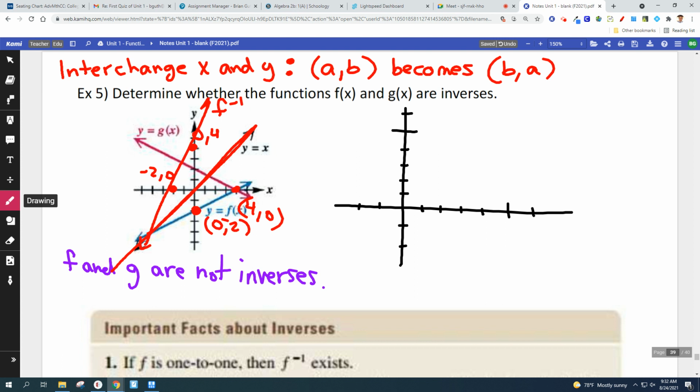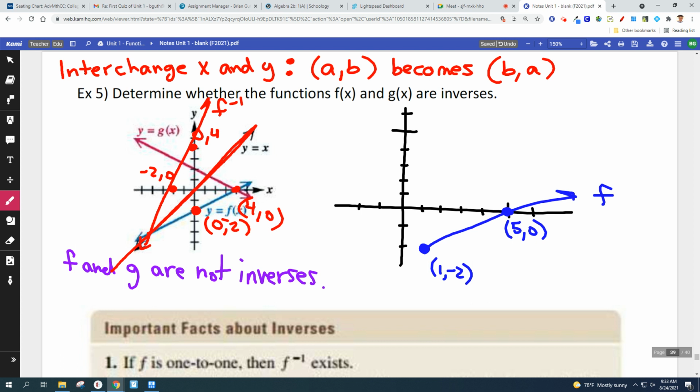The point (1, -2) is right here, and the point (5, 0). It doesn't really matter what my function looks like, but let's say I drew this. That's f. It goes through those two points. I don't care what else, but it goes through those two points. So draw that in there.